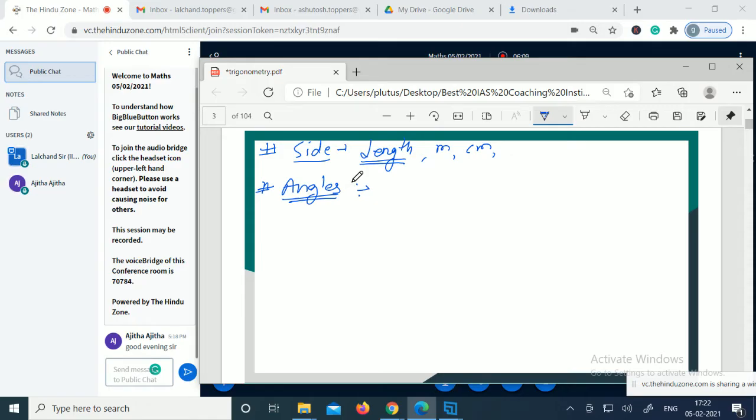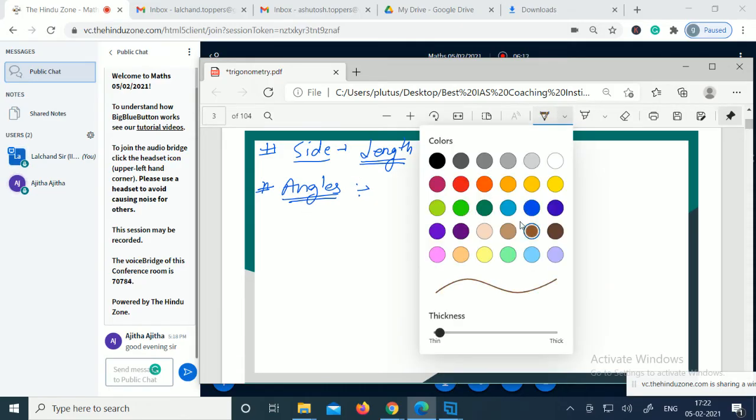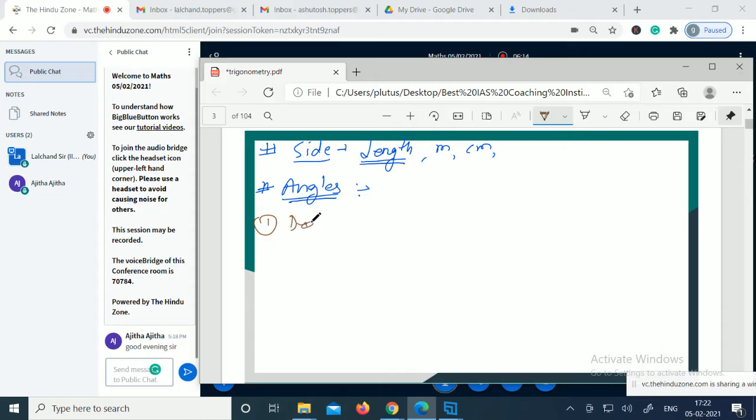The first is the degree system. Second is the radian system, and third is the grade system.